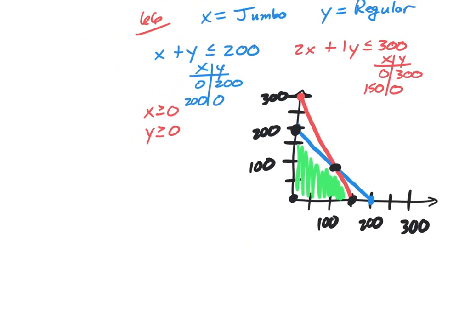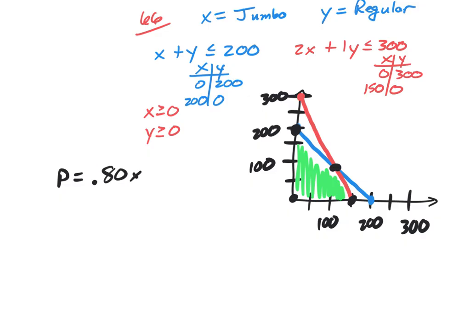Okay, the other thing that we have not done yet is it tells us the profit. There towards the end of the problem, it says the profit from each jumbo biscuit. So I'm going to say P equals, so P would represent our profit. We're going to make 80 cents on each jumbo biscuit.